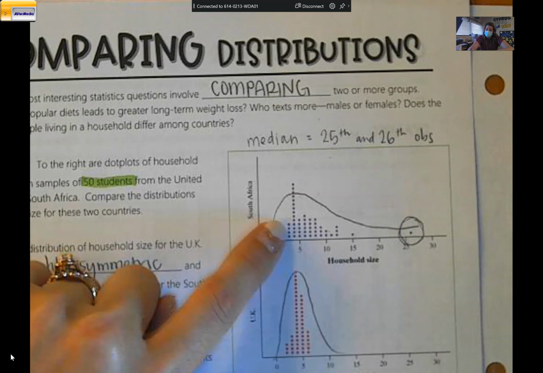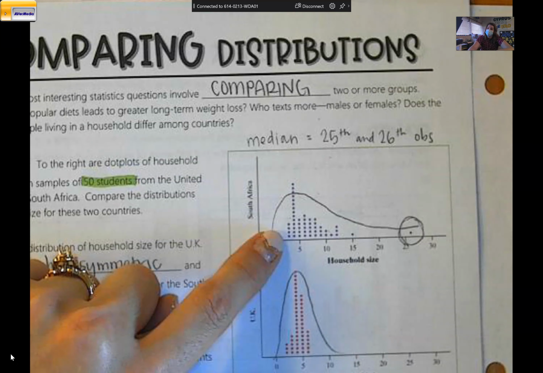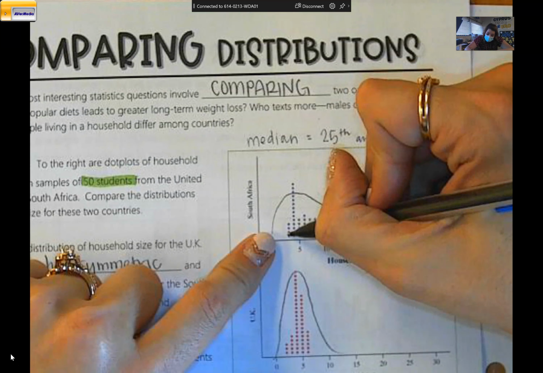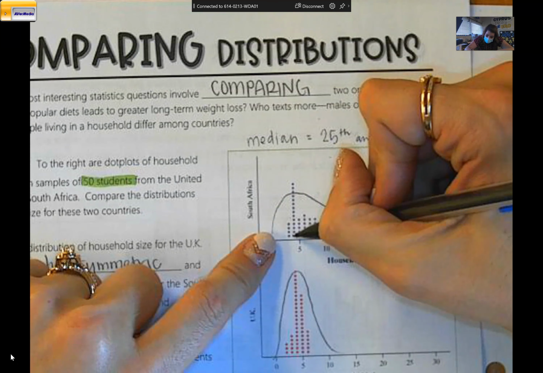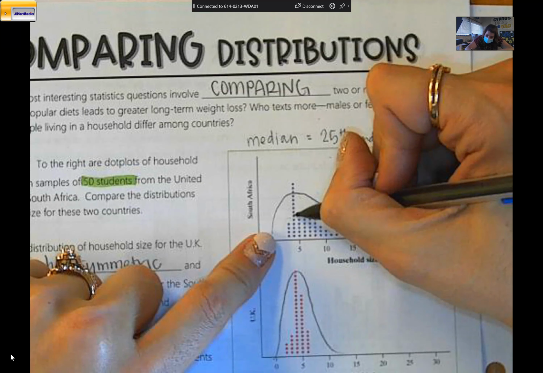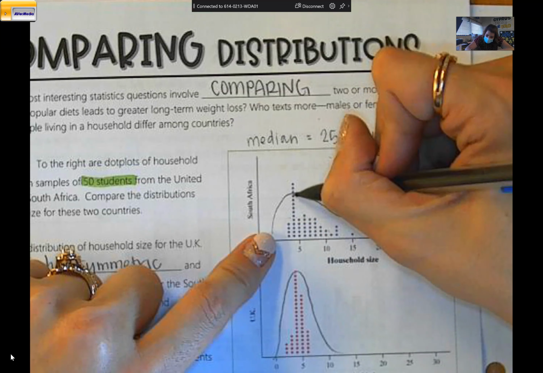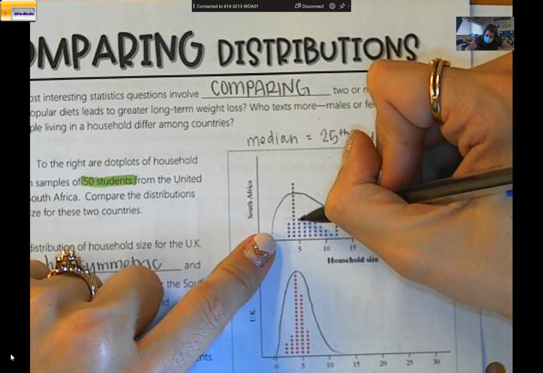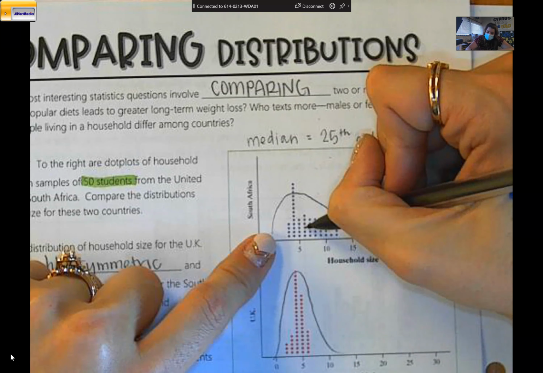Okay, so we go through and we count dots. We count until we get to the number that has the 25th and the 26th observation on it. 1, 2, 3, 4, 5, 6, 7, 8, 9, 10, 11, 12, 13, 14, 15, 16, 17, 18, 19, 20, 21, 22, 23, 24, 25, 26.